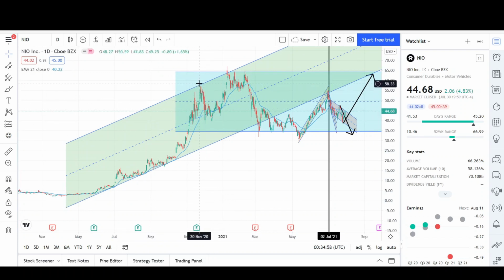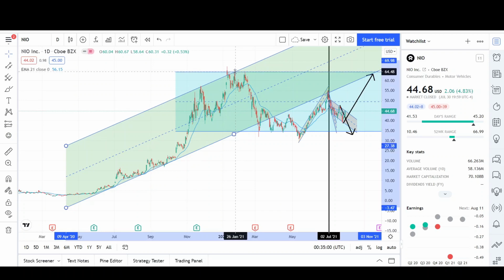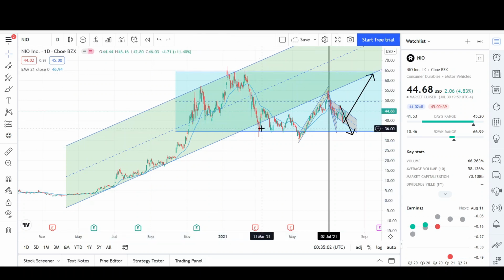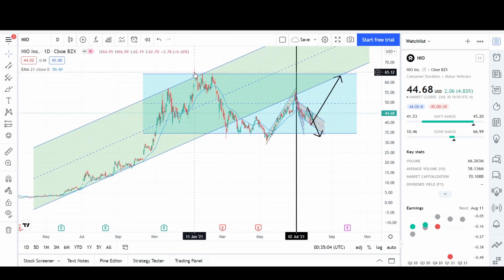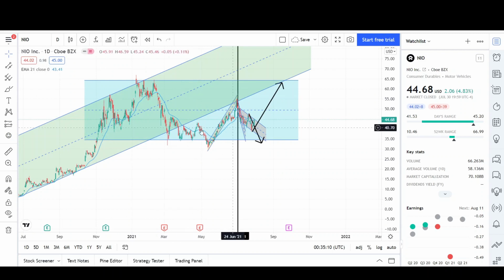And then price made that overshoot, and that's what led to the breakout on the lower side of the channel. See how we had this overshoot back here in January 11th? It led to this breakout right here because the market is symmetrical. And then price came back to retest the lower side of the channel back on April 1st and another time on July 1st. That's why we saw that sell-off.